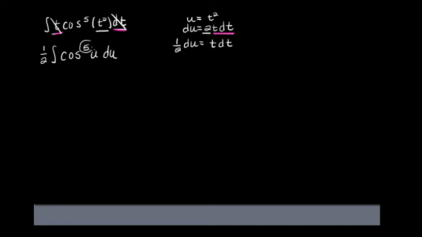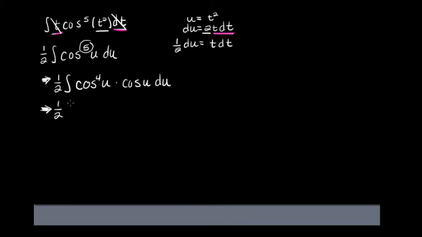Because the power on this is odd, we're just going to go ahead and split that. So keep your 1/2 out front. Keep your integral. We're going to go ahead and split this between a 4, so cosine 4u times cosine u du. All right, from here we can just go ahead and use any identity that we know, and in this case, because cosine is what we split, its opposite is what we're going to use.